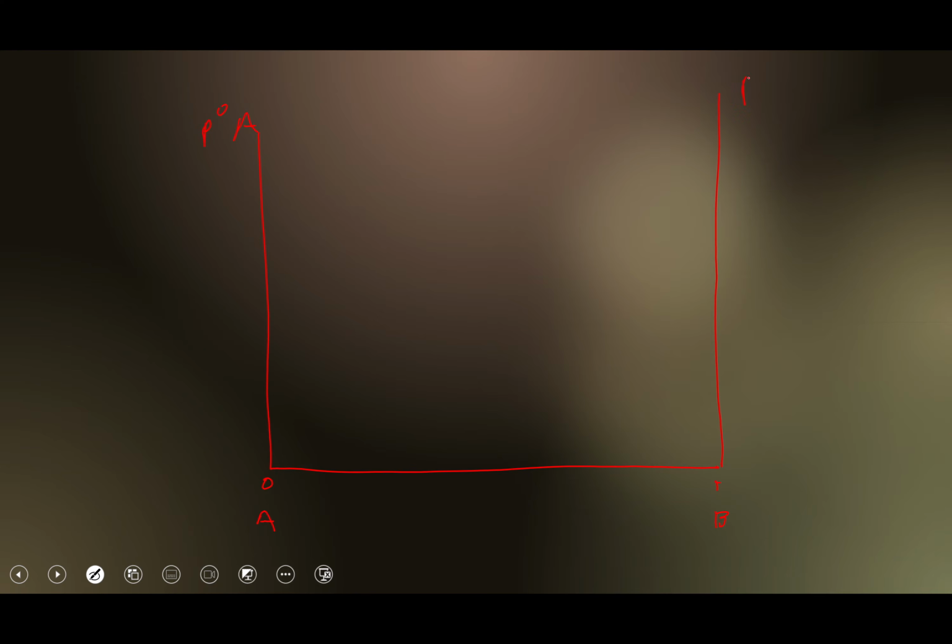Then you would have the partial pressure, or in this case the vapor pressure, of B. So let's draw a graph looking something like this.